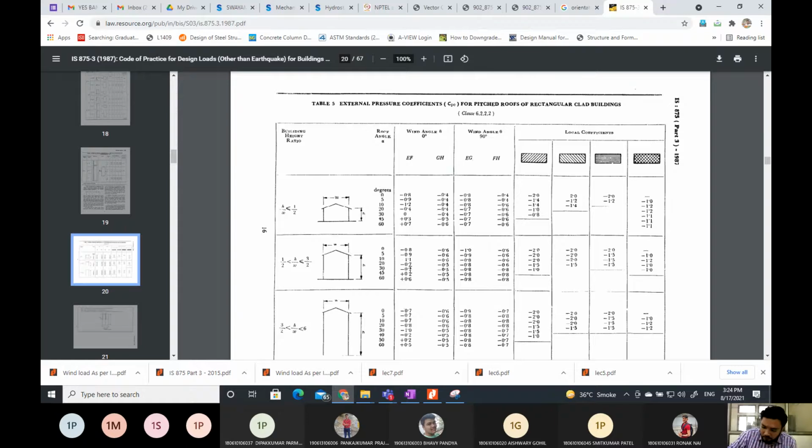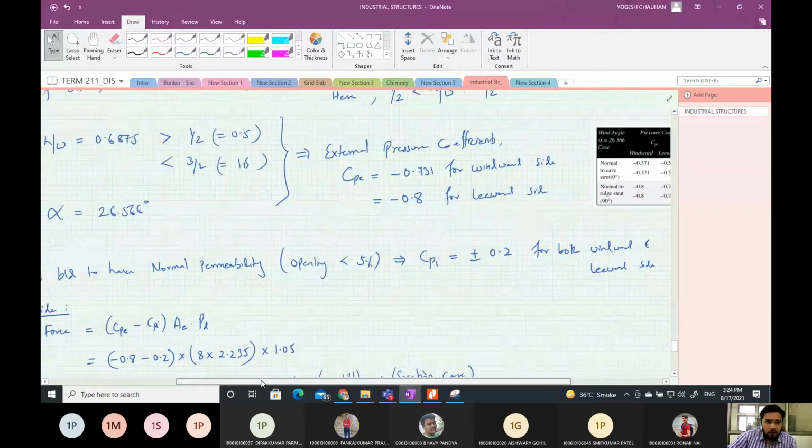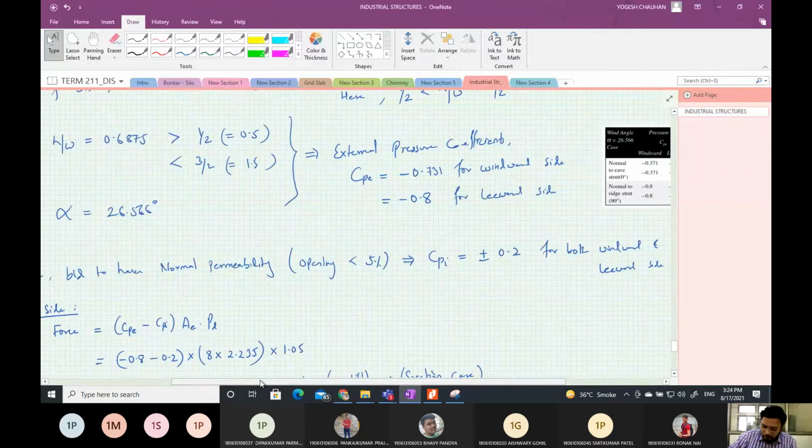At 20 it is minus 0.7 and at 30 it is minus 0.2. So at our angle of 26.566, the value will be 0.3717.